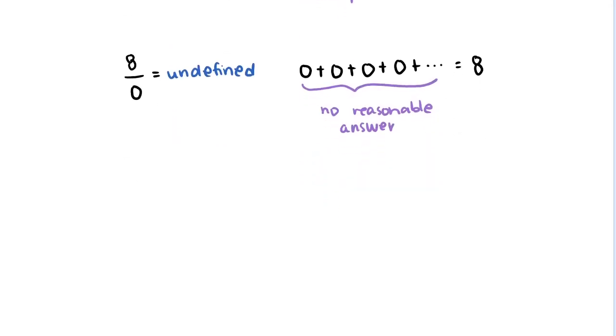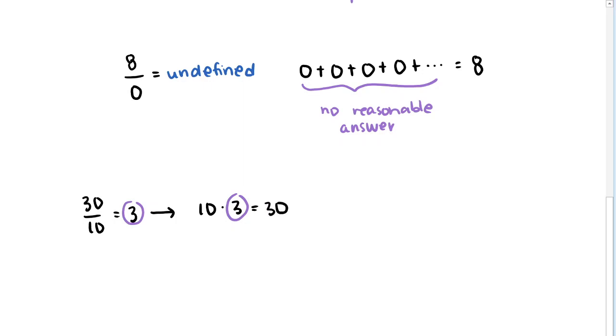And sometimes people like to view division in terms of multiplication to see the same result, right? So earlier we said 30 divided by 10, this is equal to 3. And you can kind of see this as the fact that 10 times 3, right? This 3 is the same 3, is equal to 30, right? It's just a change in perspective, right?